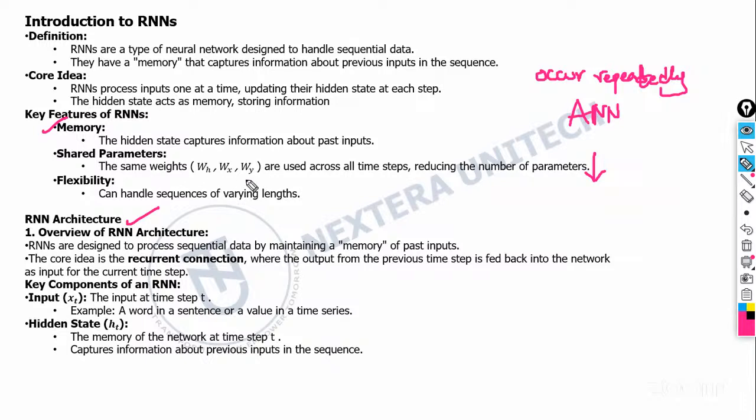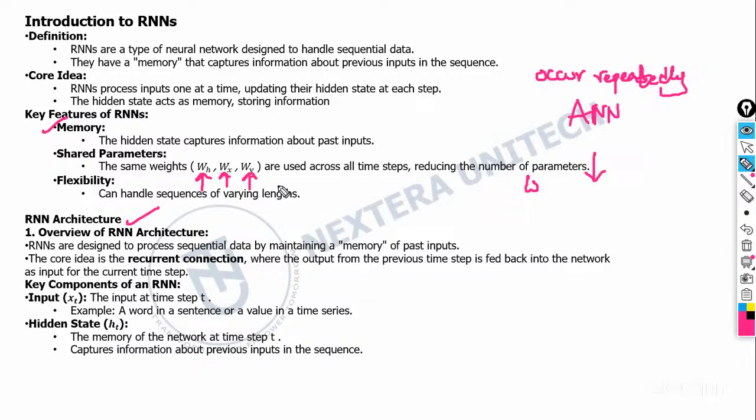The same weights will be used, and this is going to reduce the number of parameters, the weights within the entire neural network, because the same weights are being used. They don't change unless we back propagate. As part of back propagation, yes, obviously we have to update the weights.